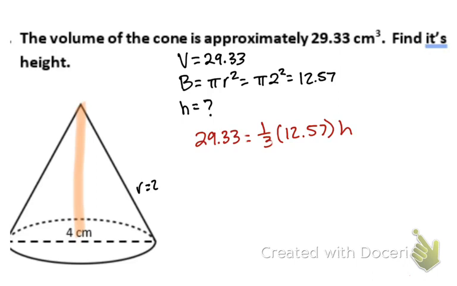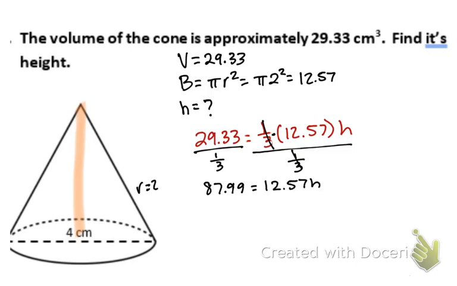First, I need to get rid of this fraction by dividing by that fraction, because here there's a multiplication, so I can undo this multiplication by dividing. I have to do it on both sides. When I do 29.33 divided by 1/3, I get 87.99. Here the 1/3 cancels out, and I'm only left with 12.57 H.